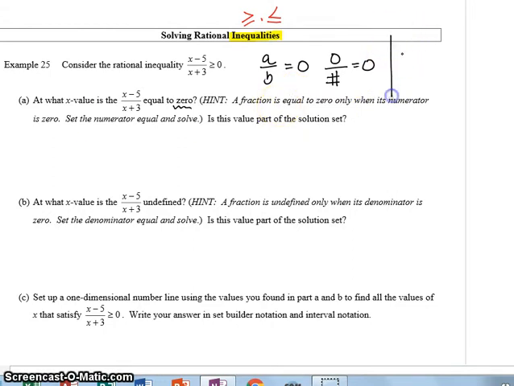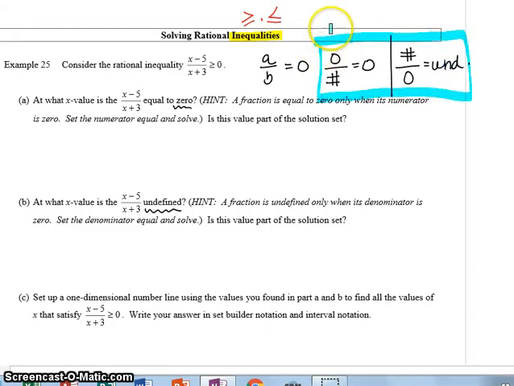And then the opposite of that, you're going to see in a minute for part B, it says, when is it undefined? If you have any number divided by 0, so there's a 0 on the bottom, the denominator, that's undefined. So these are two really key major concepts right here. When the numerator is a 0, it's 0. When the denominator is 0, it's undefined.